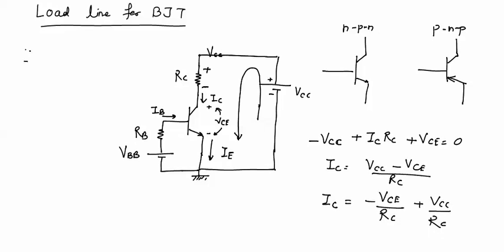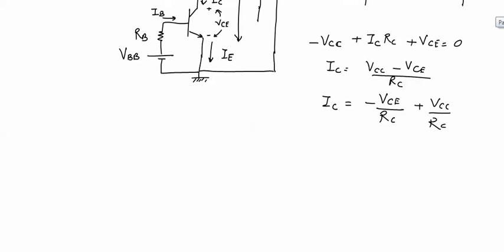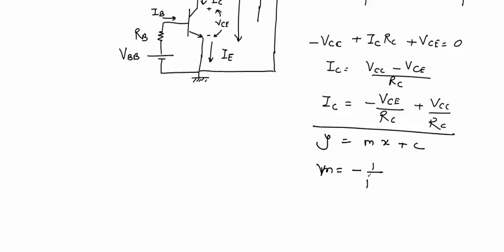Now this equation can be seen as equation of straight line where y equal to mx plus c. Here m is equal to minus 1 by RC, y equal to IC and x equal to VCE, and c, that is intercept on y-axis, is VCC upon RC.